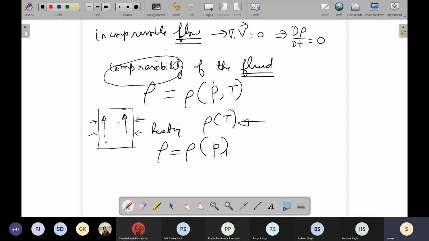If that function is significant, that means with pressure there is a substantial change in density.